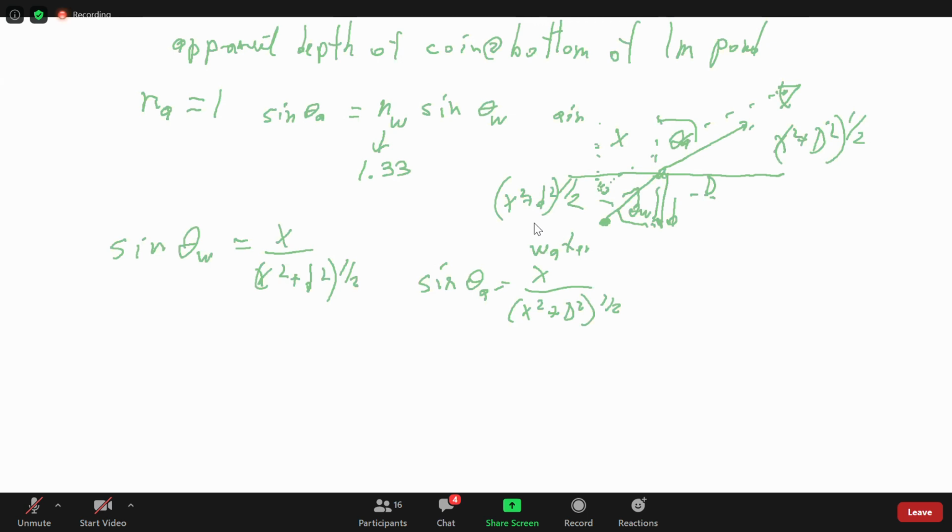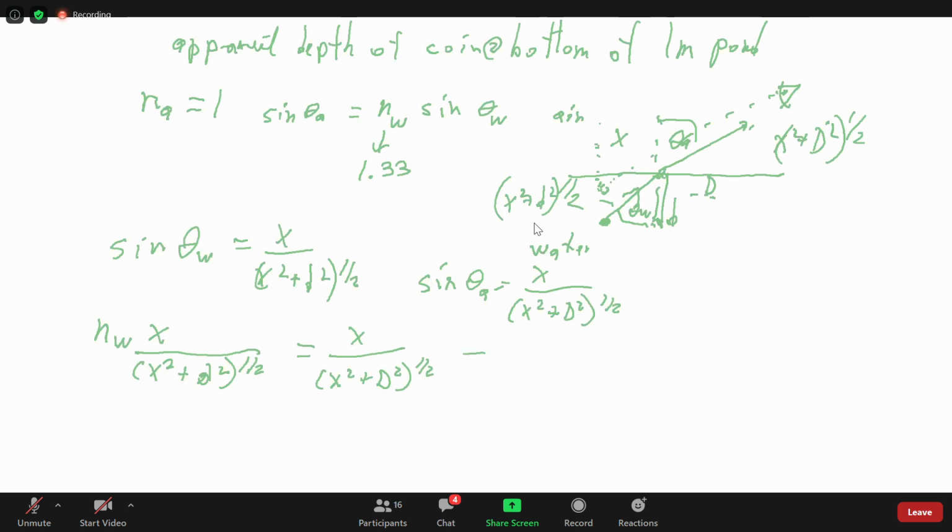Well, we know that by Snell's law, we have to plug back in the index of refraction. So n_w times the sine of the angle, which I'm going to write as x over (x squared plus little d squared) to the 1/2, is equal to x over (x squared plus big D squared) to the 1/2.